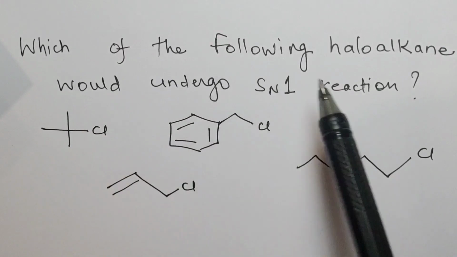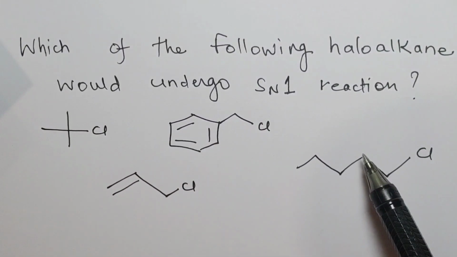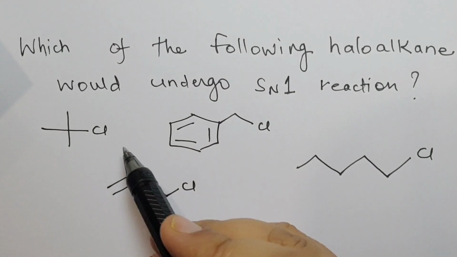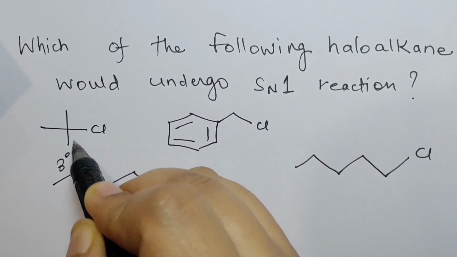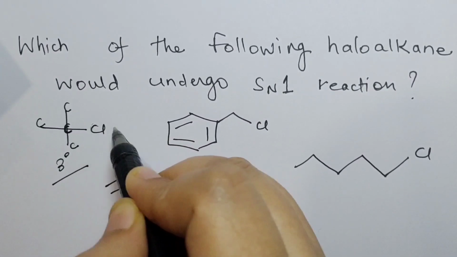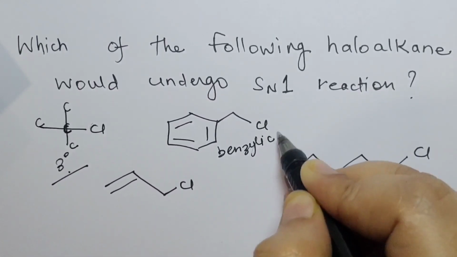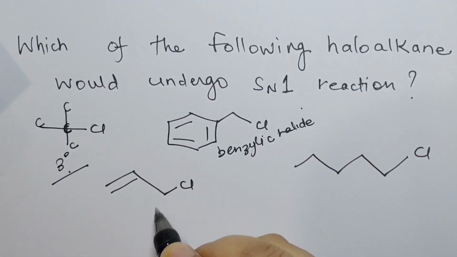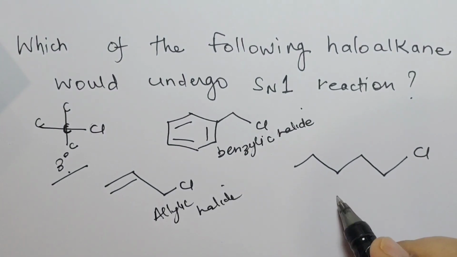Next question, which of the following haloalkane would undergo SN1 reaction? So these are the haloalkanes available to you. Let's figure out which one is which. This one is a tertiary alkyl halide. Why? Because the chlorine atom is attached to a carbon which is attached to 3 other carbons. That makes it tertiary. This one is benzylic halide. This one is allylic halide. And this is primary halide.